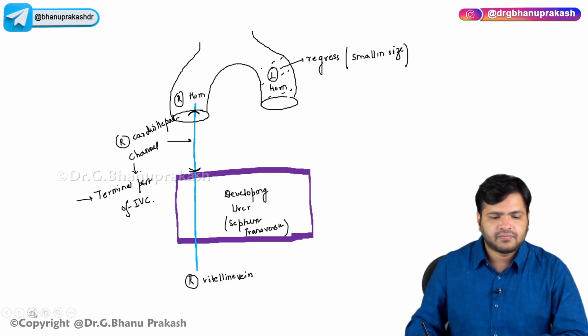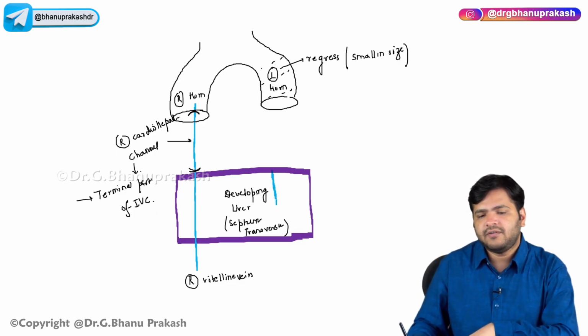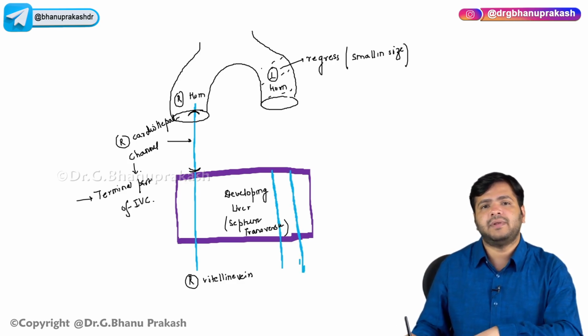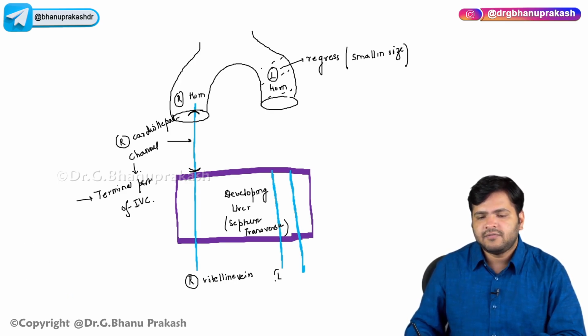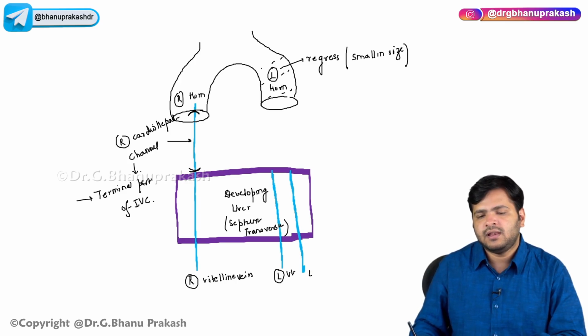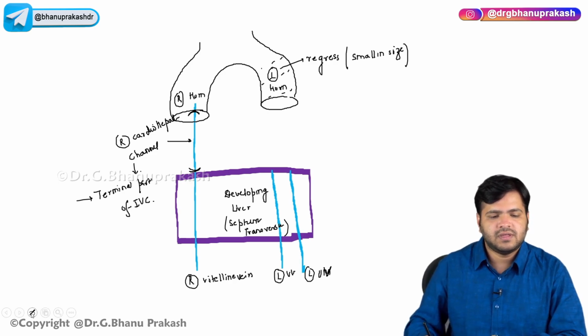So again, we have another two veins which are left over here. We already know the left vitelline vein and the left umbilical vein, and the connection between them.